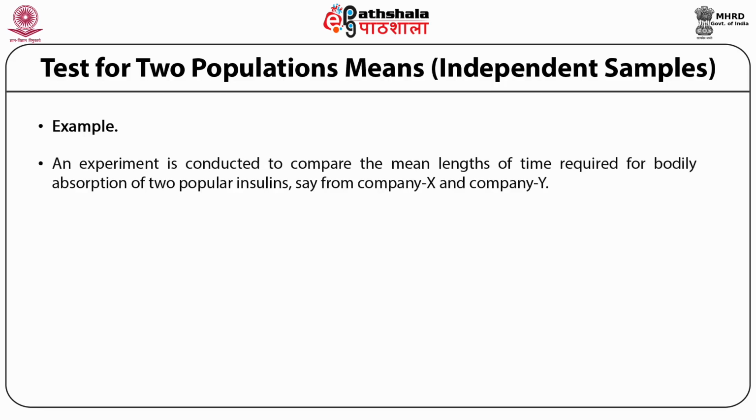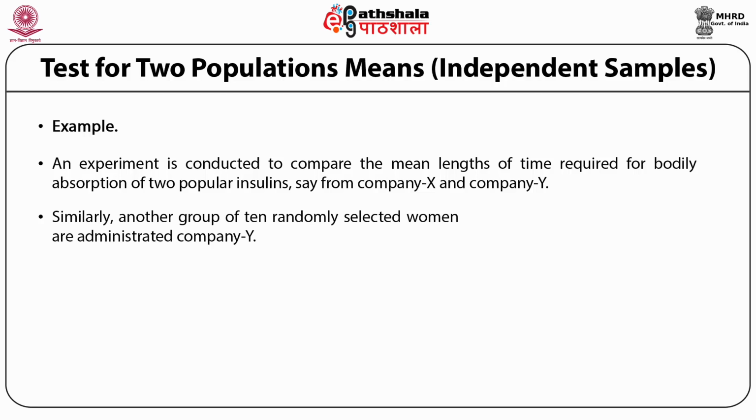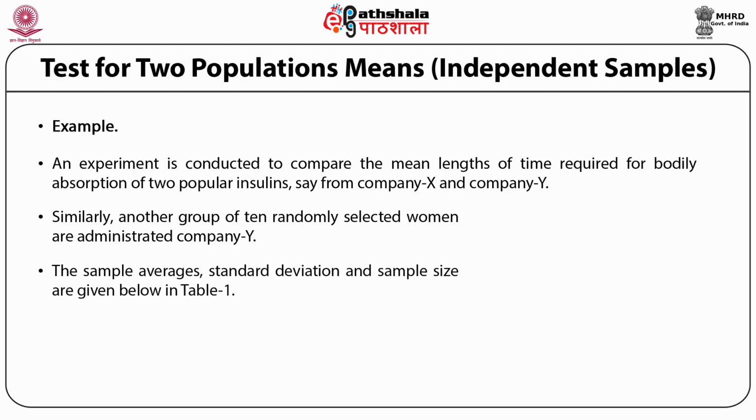An experiment is conducted to compare mean lengths of time required for bodily absorption of two popular insulins, say from company X and company Y. 10 women are randomly selected and given a dose of company X. Similarly, another group of 10 randomly selected women are administered an insulin of company Y. The length of time in minutes for the insulin to reach a specified level in the blood is recorded, and its sample averages, standard deviations, and sample sizes are summarized in table 1.